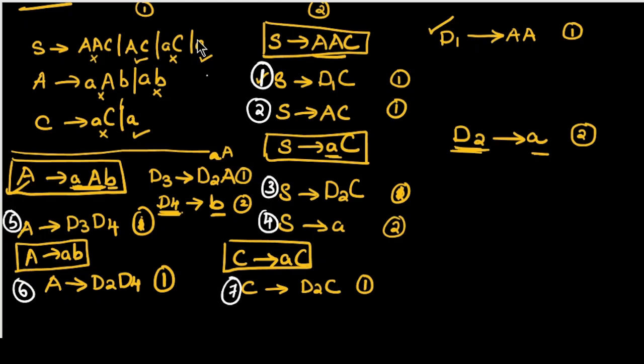These are the reformatted productions of the existing ones. Then we have some new productions for D4. This is the 8th one, 9th, 10th and 11th. So in total 11 productions we have made. List them out in the proper format. I will rewrite this.